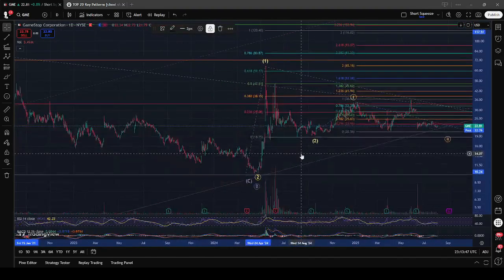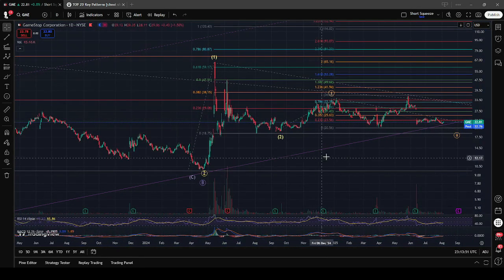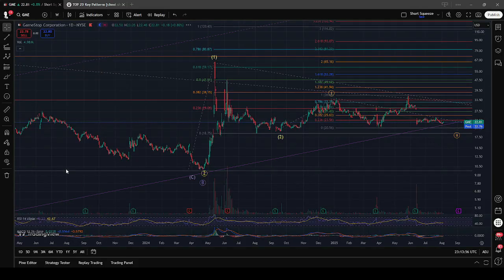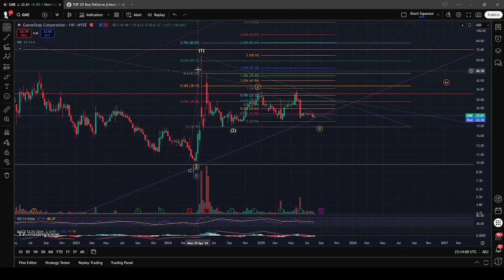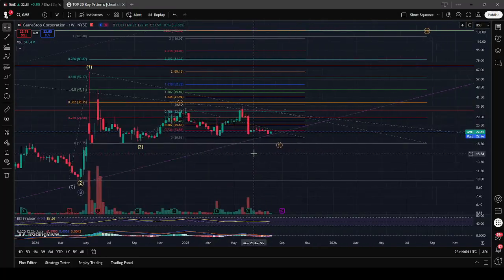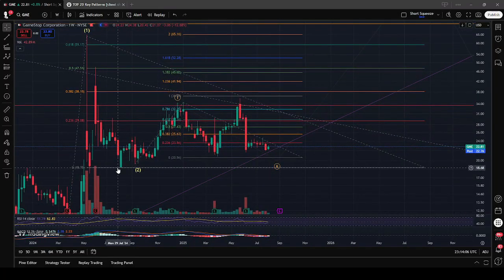So again, the reason why I like to look at it in a bigger time frame is because it is definitely easier to count the waves. You take a look at the weekly here, and you can see there's an ABC, right? And then you can say that this is all 1, 2, 3, 4, 5 into ABC.